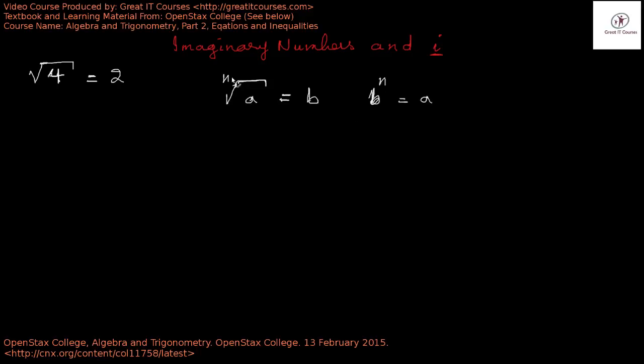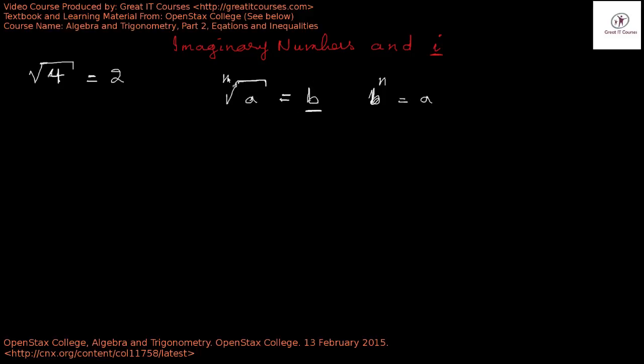And also based on the definition of the principal nth root, we said that if you're taking the principal nth root of any real number, then the resulting number b is supposed to have the same sign as a.